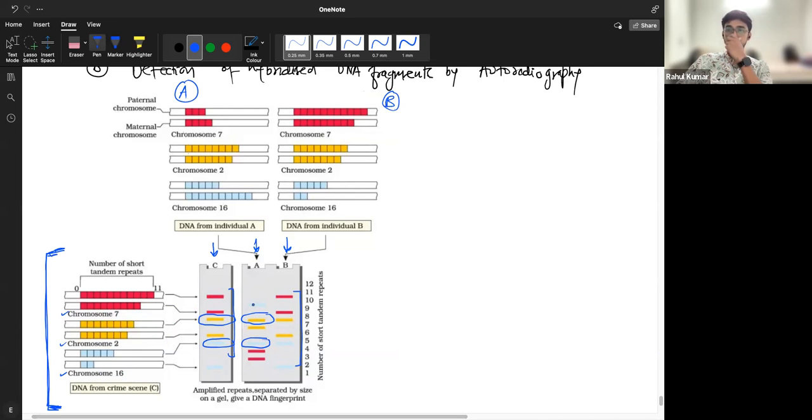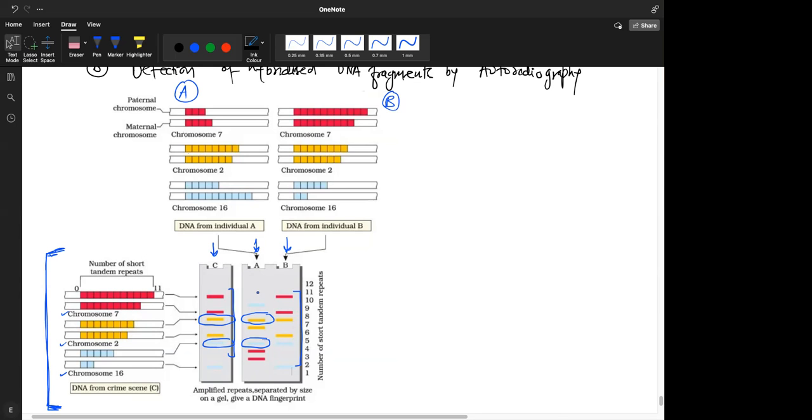But with A, it's matching somewhere, not entirely, and it should match entirely. If it is the satellite DNA of the person, it should match exactly, not just at 1 or 2 sequences, because that is the power of polymorphism. You can have multiple polymorphic regions in an individual without any consequence. You understood, everyone? Yeah, sir.